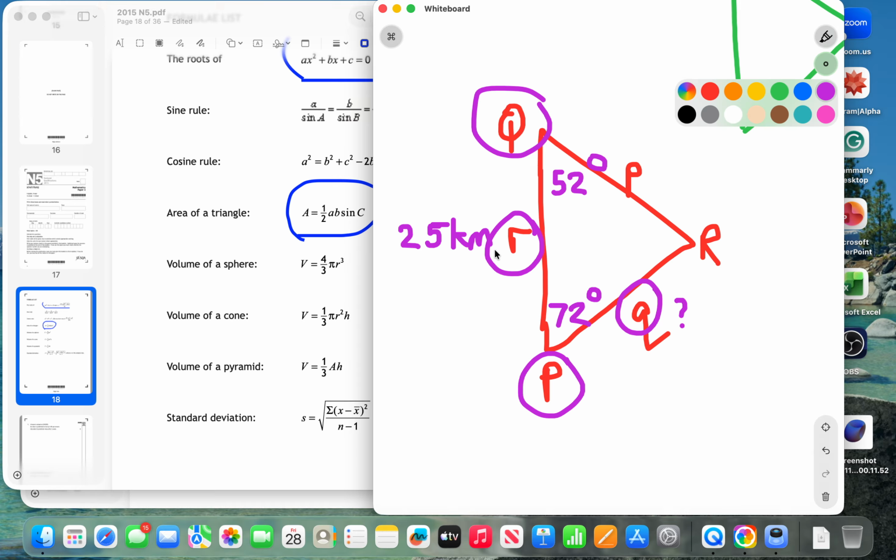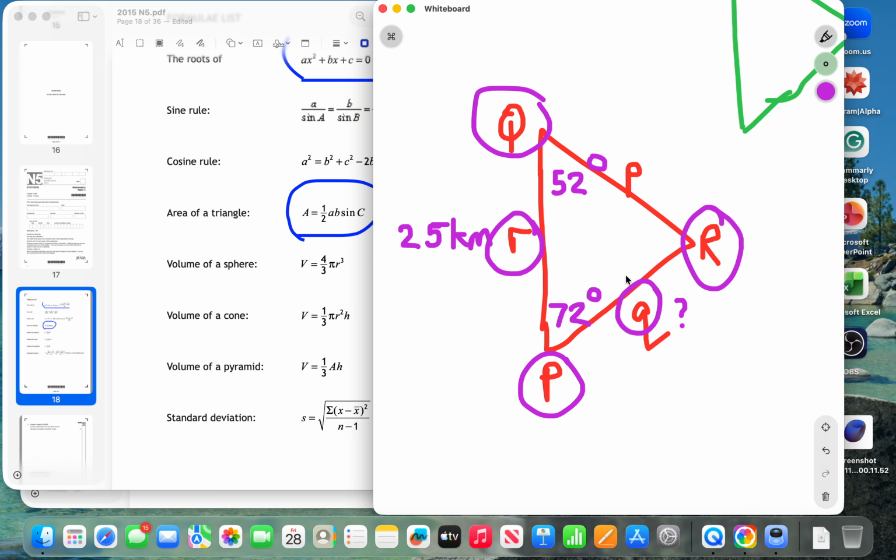We don't know side p, and it's not something we have to find out. So if you think we've got small r and big R, we can find this angle R.